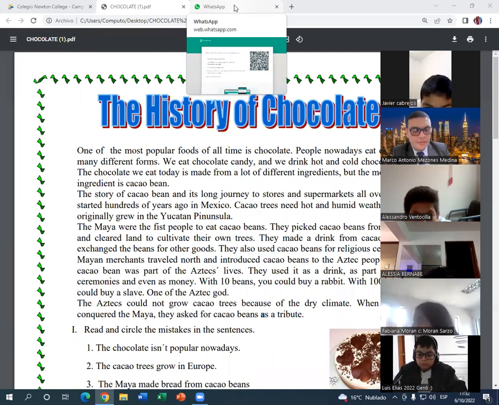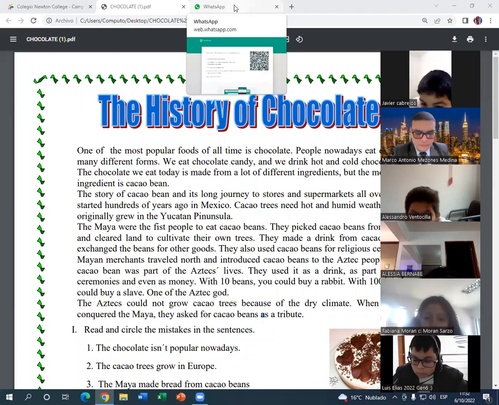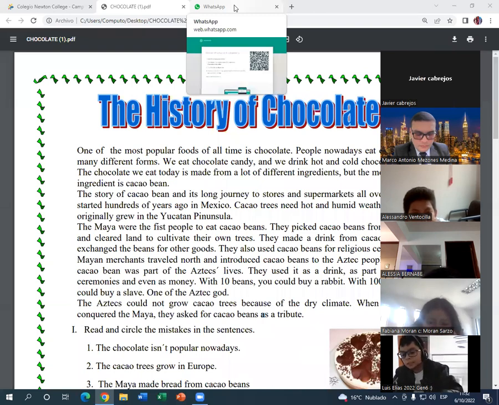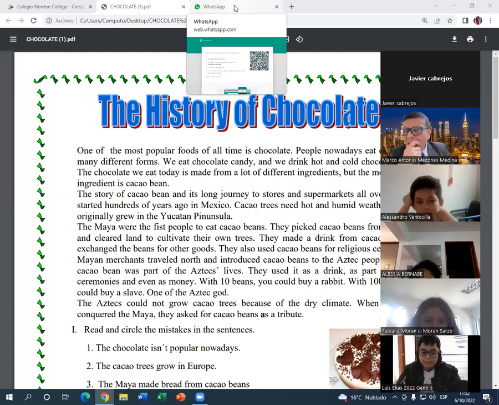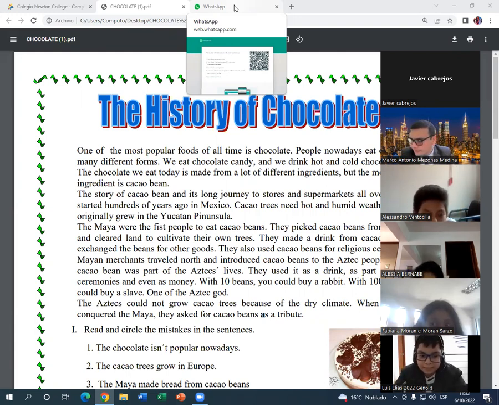The Maya were the first people to eat cacao beans. They picked cacao beans from wild trees and cleared land to cultivate their own trees. They made a drink from cacao beans and exchanged the beans for other goods. They also used cacao beans for religious ceremonies. Mayan merchants traveled north and introduced cacao beans to the Aztec people.